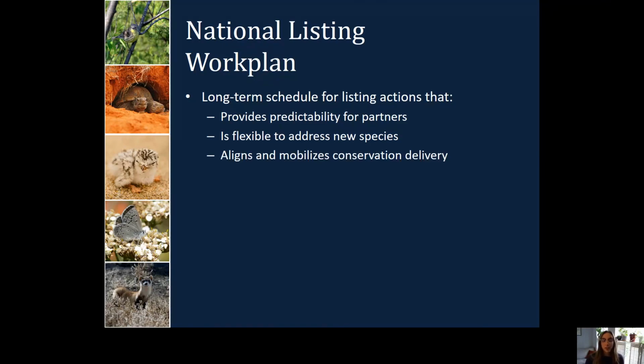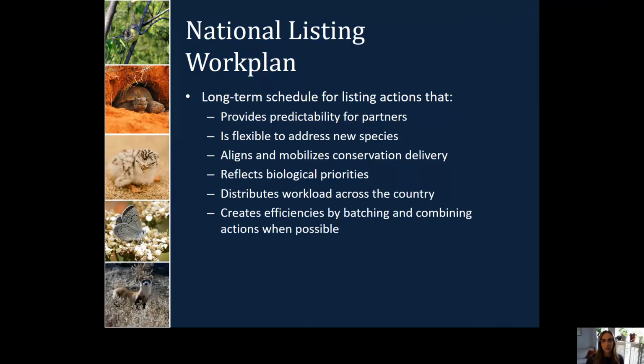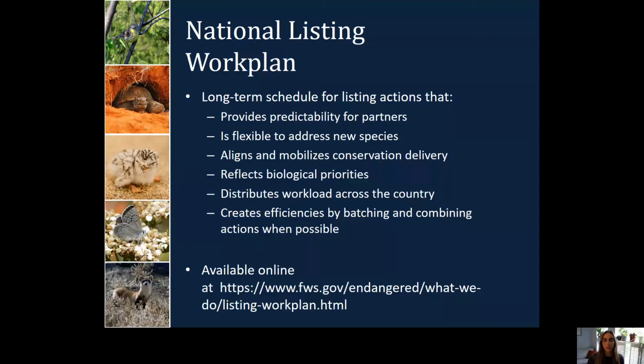It aligns and mobilizes conservation delivery. It reflects biological priorities, distributes workload for us across the country, and creates efficiencies by batching actions when possible and combining warranted 12-month petition findings with proposed listing and critical habitat rules. And this National Listing Work Plan is publicly available online.